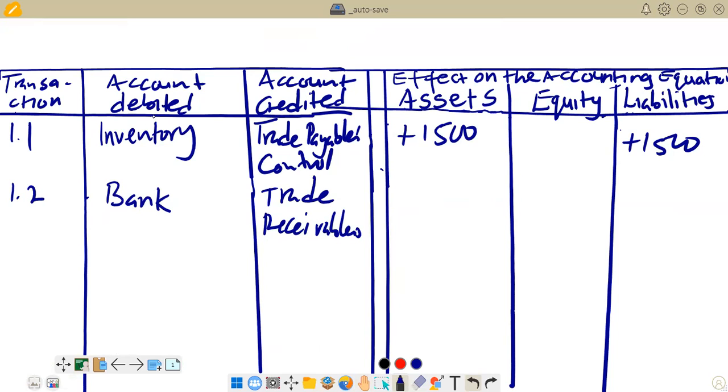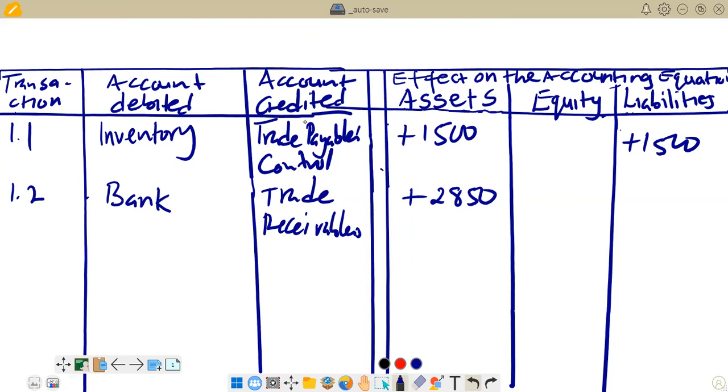Remember, this is an asset, and you are debiting an asset. And remember, we said assets have a normal debit entry. So when we debit an asset, we are adding. So it's a positive. So here we are adding 2,850. And trade receivables also, they are assets.